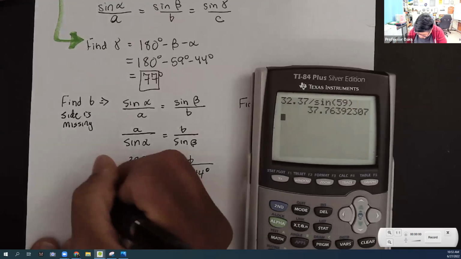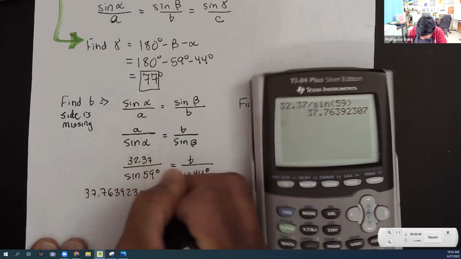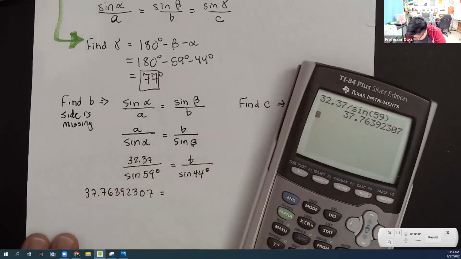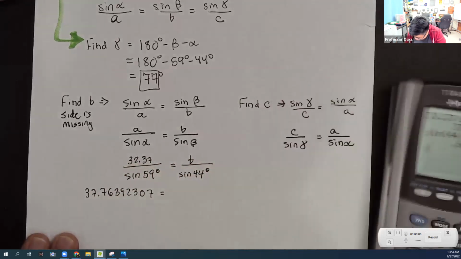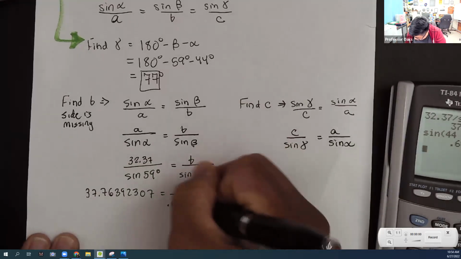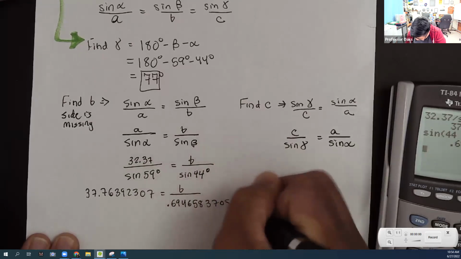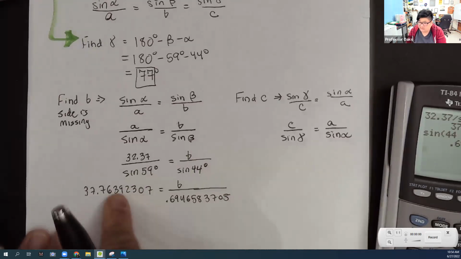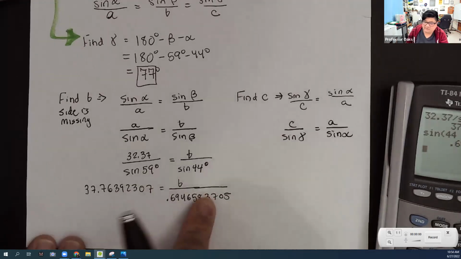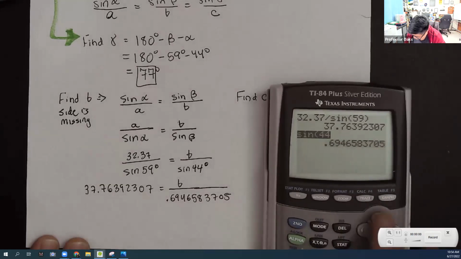So you do this and get 37.76392307, and sine of 44 is 0.6946583705. So B over 0.6946583705 equals that number, and you can multiply the 37.76 number times the 0.69 number.